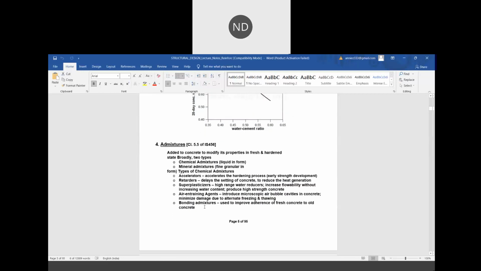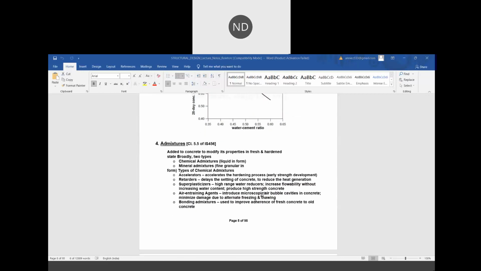Now, in short, coming to admixtures, clause number 5.5, what does the IS code specify? That an admixture, if used, shall comply with IS 9103.